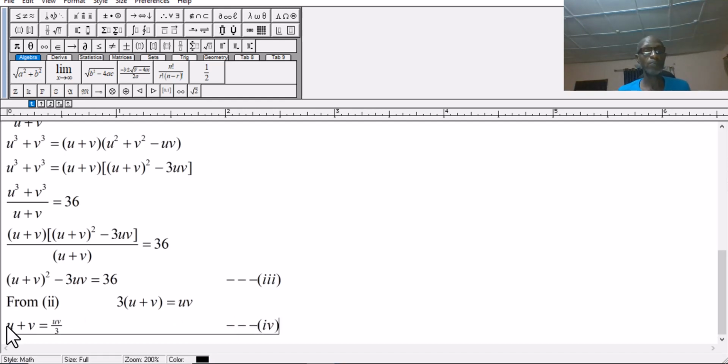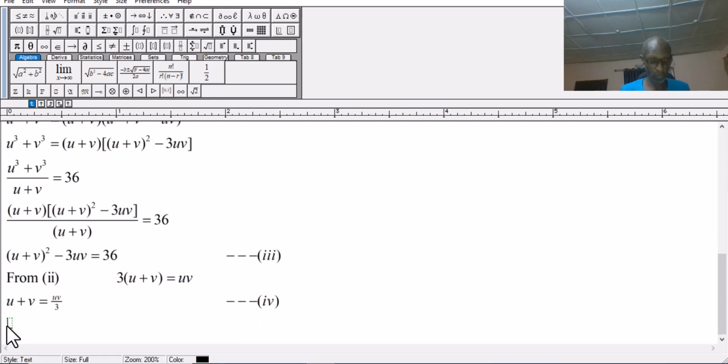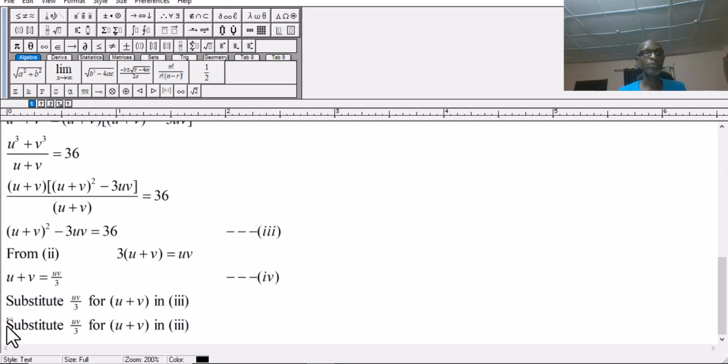So substitute uv over 3 for u plus v in 3. So in my equation 3, what I have is this.